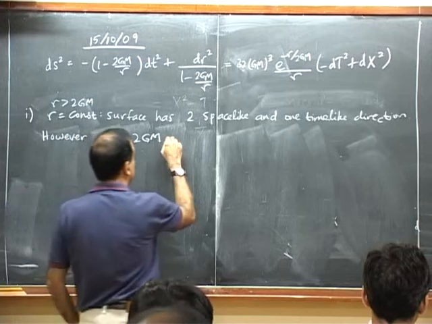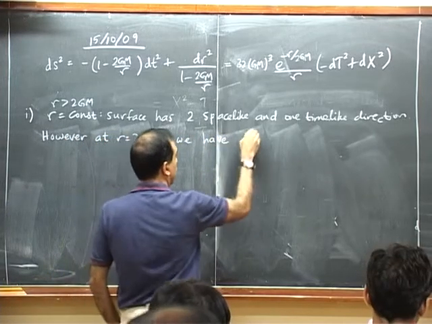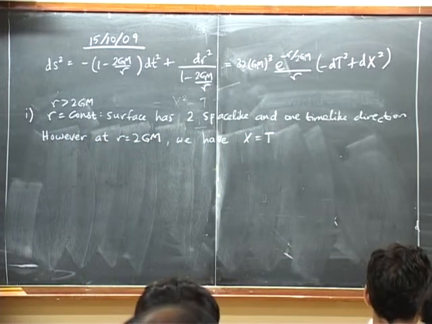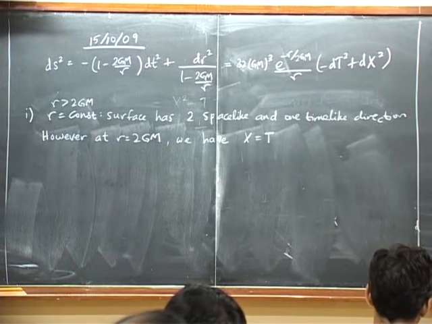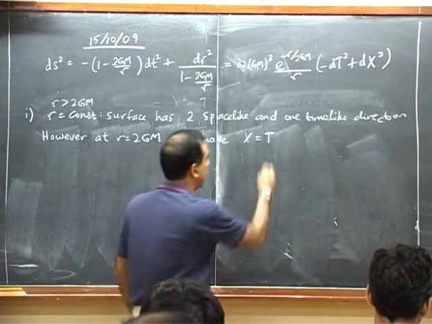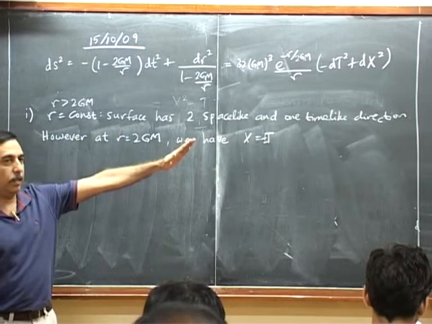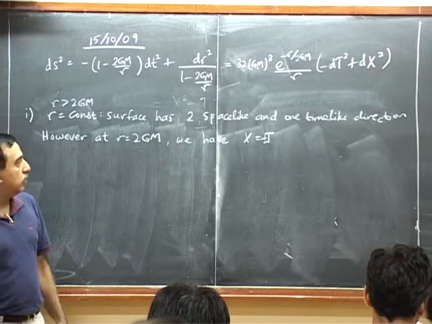So at r equals 2 GM, we have x equals t in those coordinates, because if you remember, r equals 2 GM gave me the line. They gave me that x squared minus t squared is 0, so x equals plus or minus t. It doesn't really matter. One is the diagonal line this way and the other is the diagonal line that way. But those all represent r equals 2 GM.